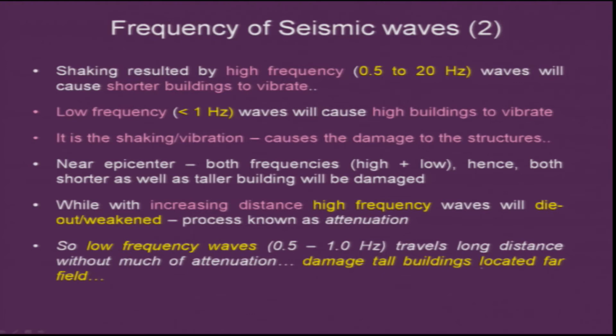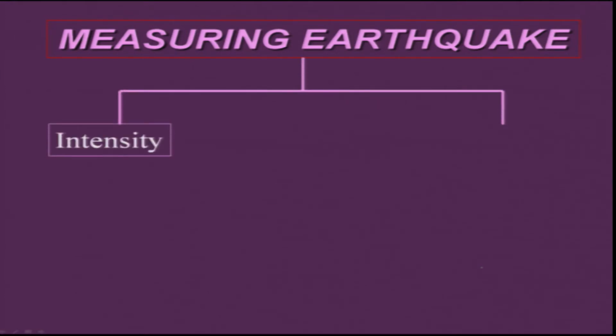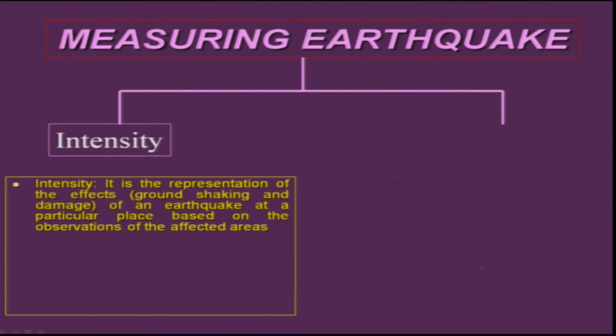Now another important part of seismology, or the earthquake related portion, is the magnitude. Okay, so we'll talk very quickly about the different types of magnitude scales and what other methods are available to measure the earthquake. In short, we have two types of methods available: the intensity scale and the magnitude.